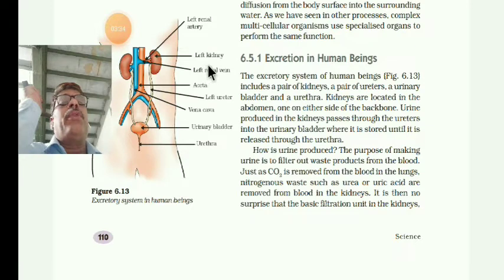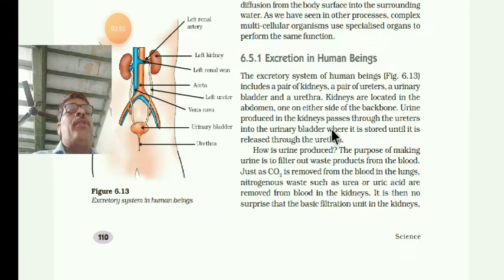Sometimes the question asked is: write the excretory system of human beings, name their parts. So you have to write kidney, ureter, urinary bladder, and urethra. These are the four important parts. It includes a pair of kidneys, a pair of ureters, a urinary bladder, and a urethra.